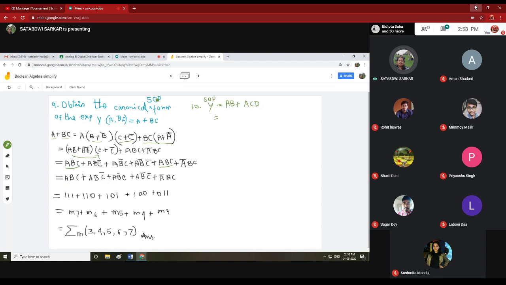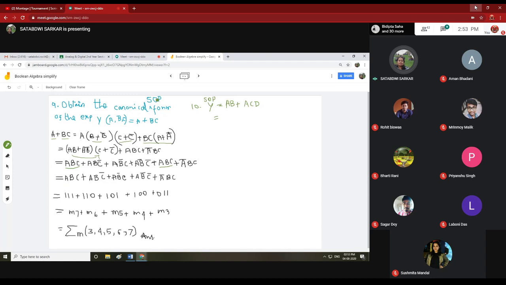So this is ABC plus ABC bar, and this will be again multiplied with D plus D bar, and this is ACD, B plus ACD and B bar.